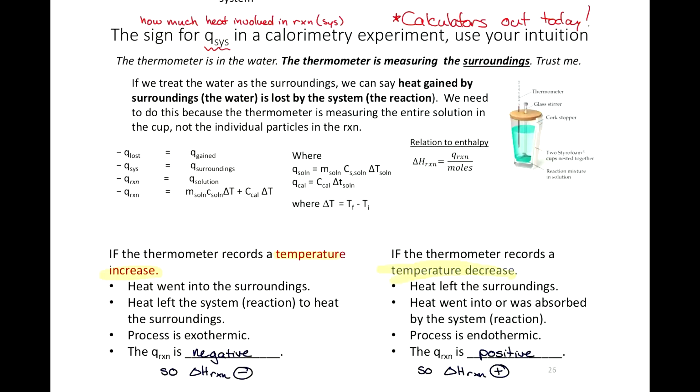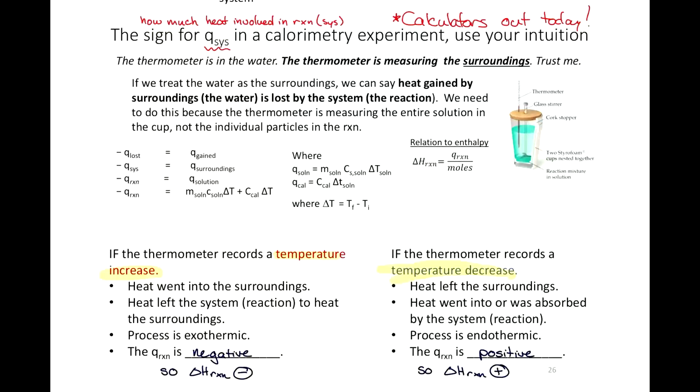So when we see the temperature increase on our thermometer, that's because our reaction released energy. That is an exothermic reaction. Delta H is negative. So use your intuition there. On the other hand, if the temperature on the thermometer decreases, it's because the reaction absorbed energy.